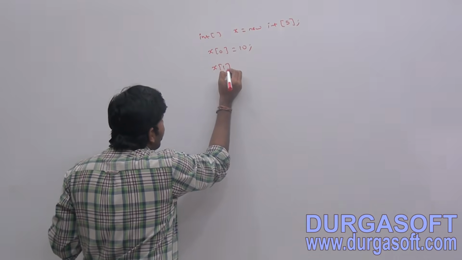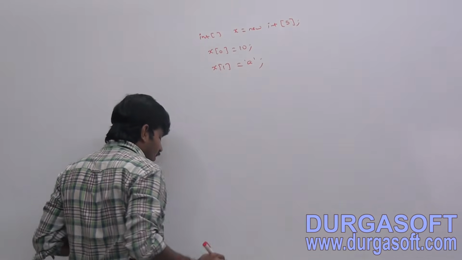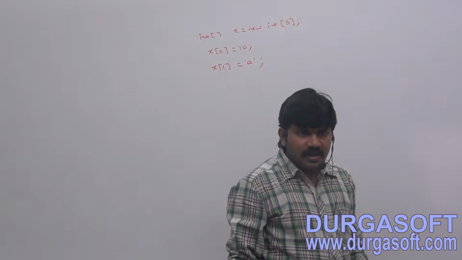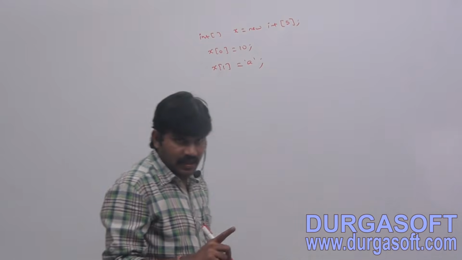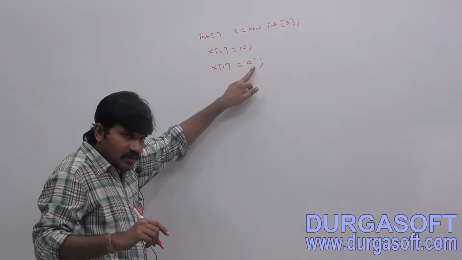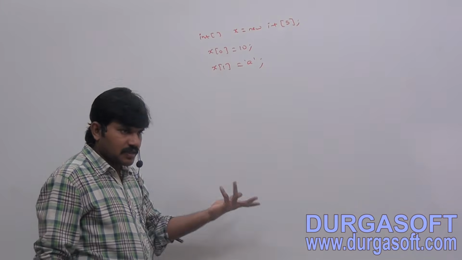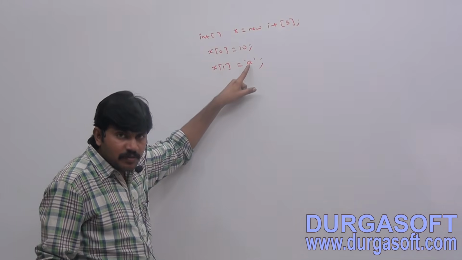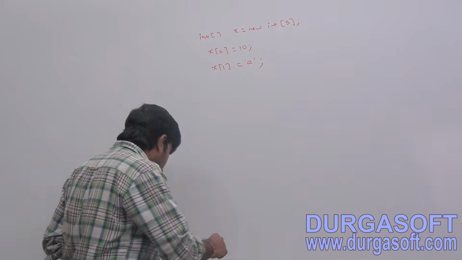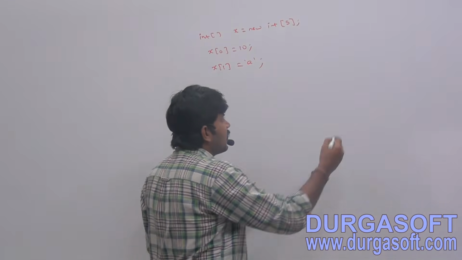Sir, x of 1 is equal to 'a'. Valid or not? 'a' means what? Char. In the place of int, char, possible or not? Yes, no problem. Then which value will be saved? 97. I hope you people may remember this diagram.